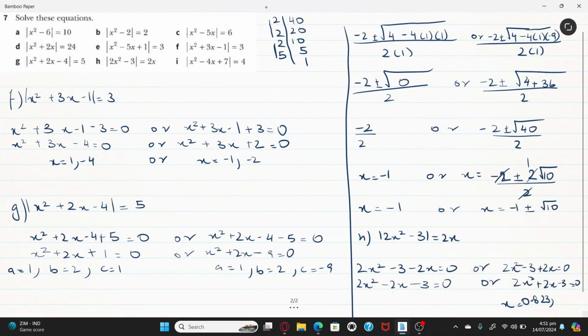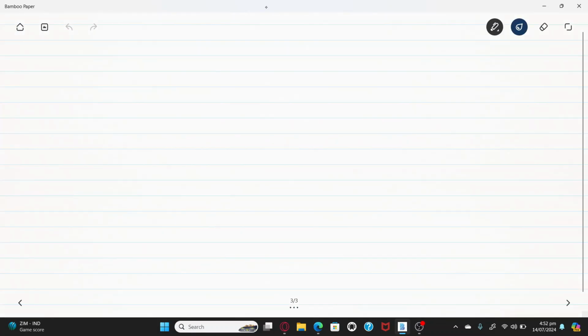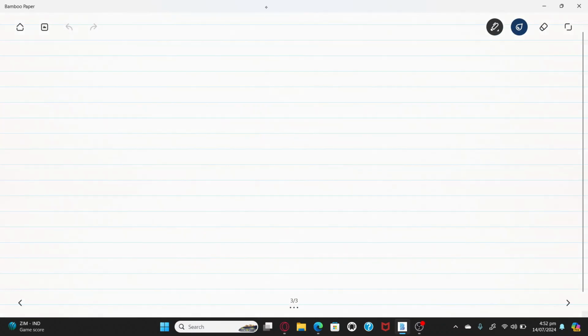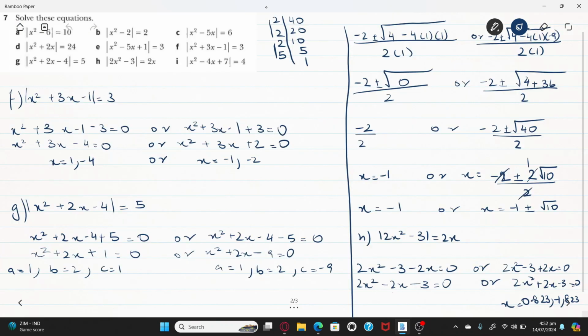So for this one, it's 0.823, and the other value is negative 1.823. And I'm really sorry, I put a comma instead of a point here. Oops. Negative 1 point. It's making me mad right now. Let's take the eraser tool, negative 1.823.